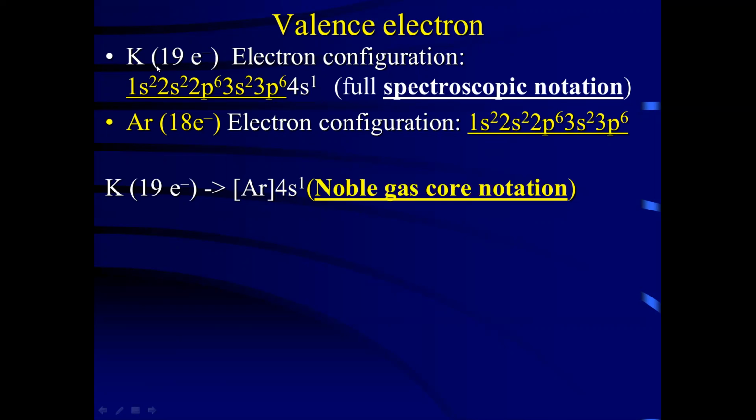The only difference is for potassium, K: it has 1 extra electron, filled into the 4s1 orbital, because potassium has 1 more electron compared with argon. So in order to save paper and space, and make our life easier, when we write the potassium electron configuration, how about we write it this way?